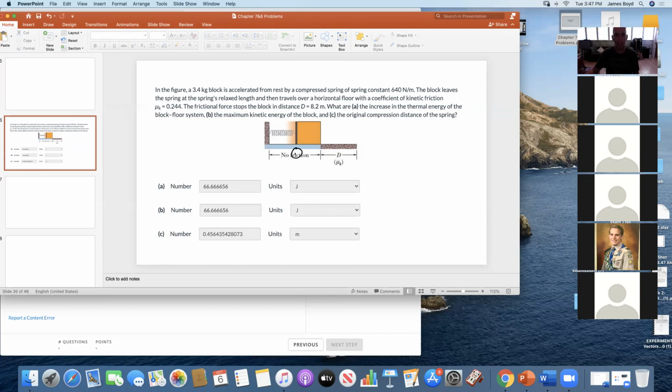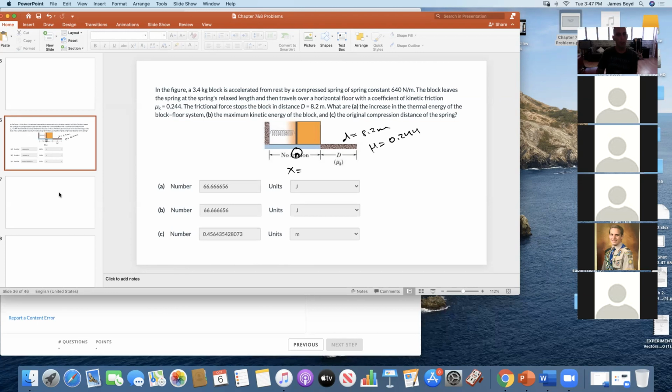So at A, it's been compressed by, well, we don't know, and then travels over a frictional region where this distance is 8.2 meters and mu is 0.244. So what's the increase of thermal energy, the maximum kinetic energy, and the original compression distance?